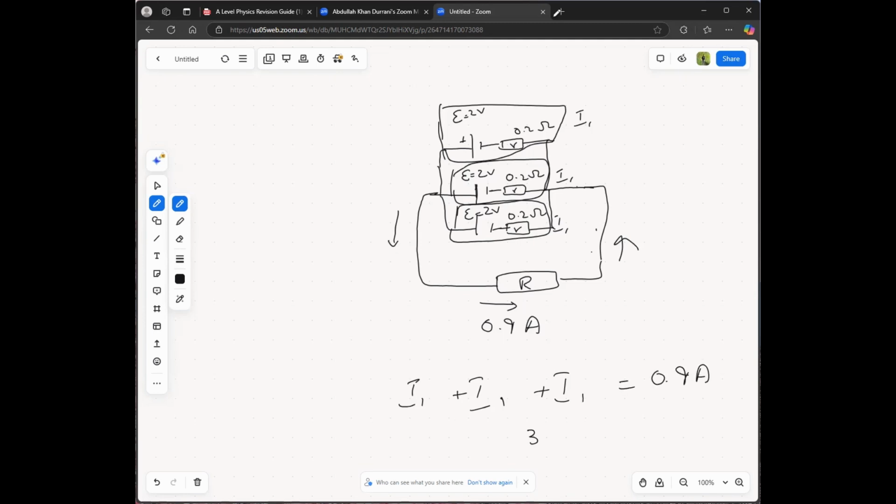That means 3I1 should be equal to 0.9 amps, which gives me the current produced by each cell equal to 0.9 over 3, which is basically, what is that? 0.3 amps. So that is what I have got so far.